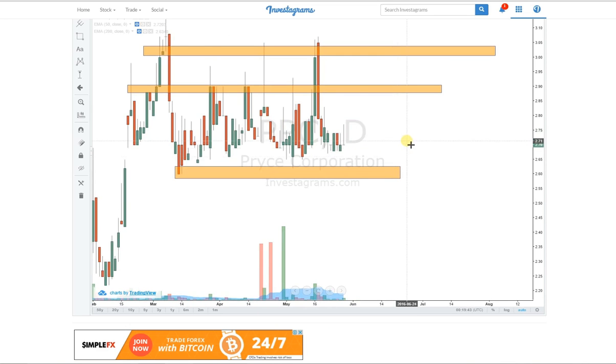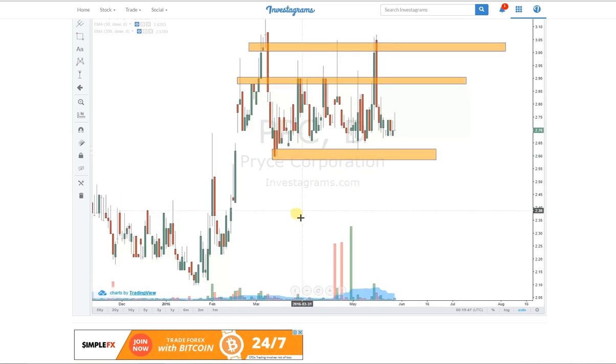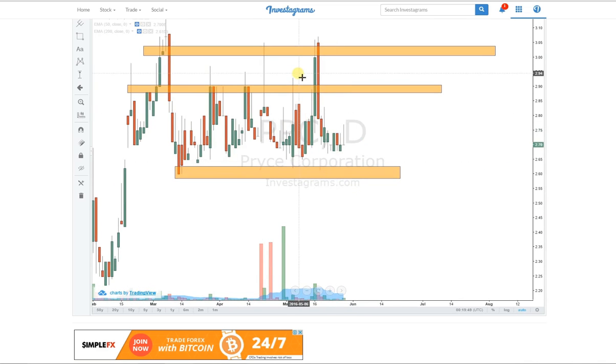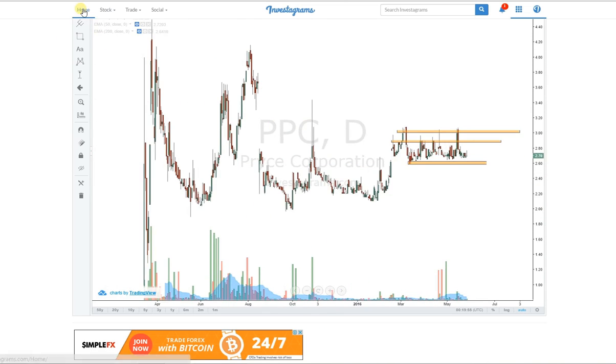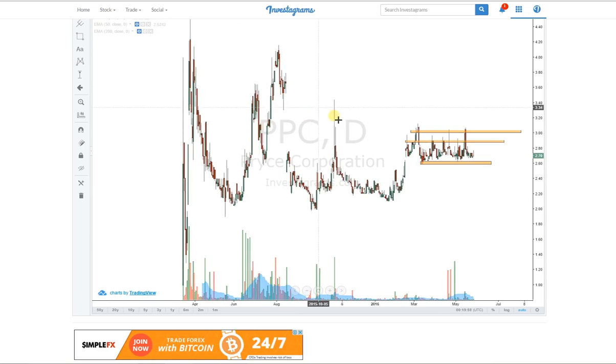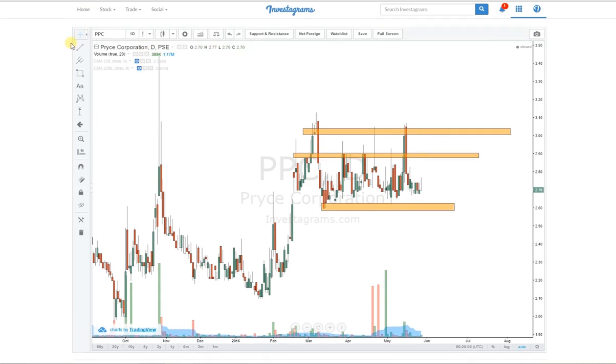Okay? But then, what happens if the price goes out of the support and resistance? All right? So let's look for an example. By the way, besides these horizontal lines, you can also do the diagonal or slanted support and resistance like this.